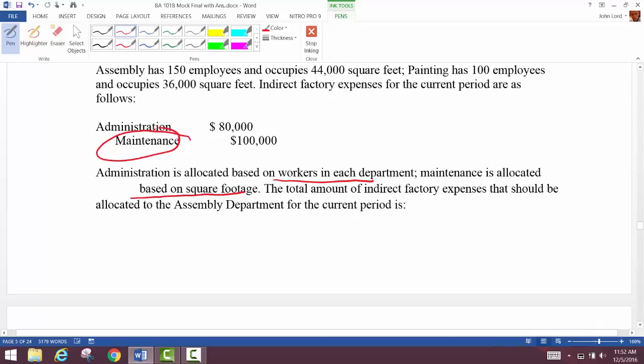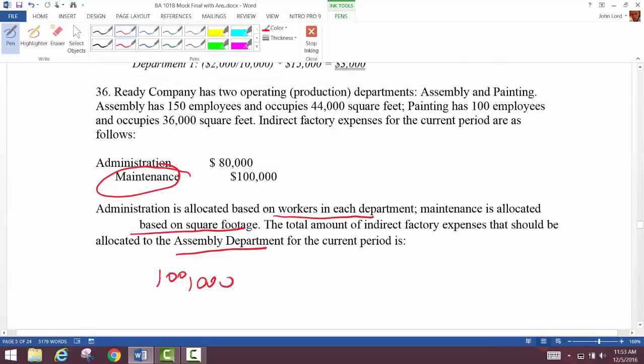Maintenance. So we know we got to pick up that 100,000, and we're allocating it to assembly. They tell me here that assembly occupies 44,000 square feet versus the 30,000 square feet for painting. So that's a total of 100,000 square feet? Am I doing my math right, that I'm doing in my head here?